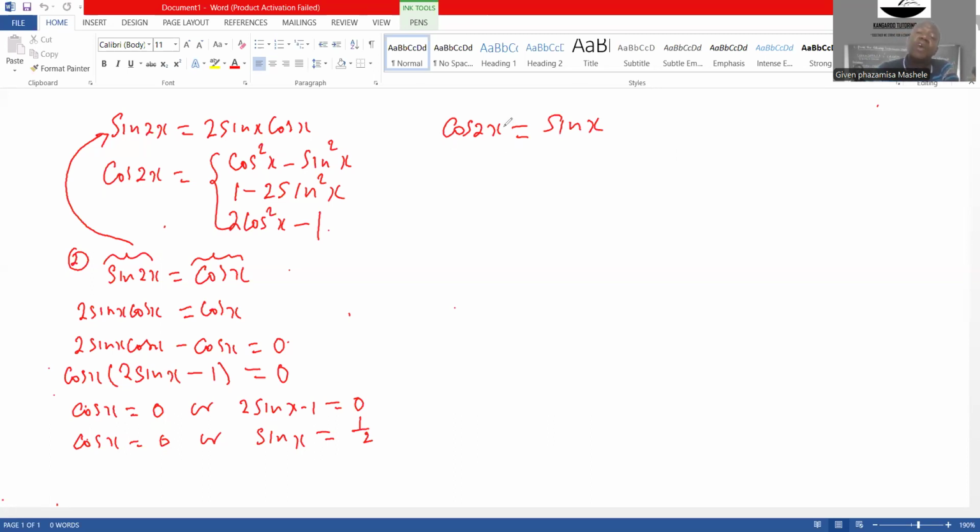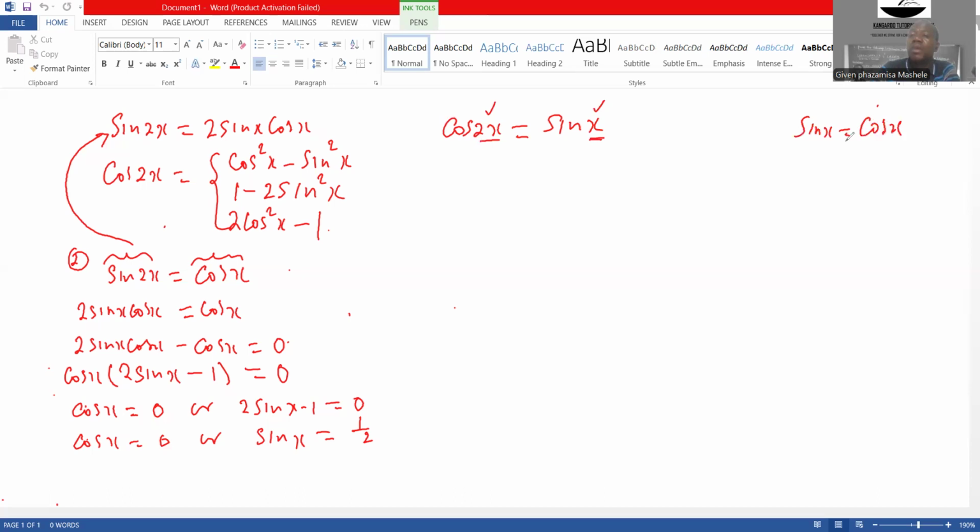So when we look here, we have cos 2x and we have sine x. The angles are not the same. This one is double, this one is not double. So we can no longer use tan, because tan allows us to resolve when the angles are the same.